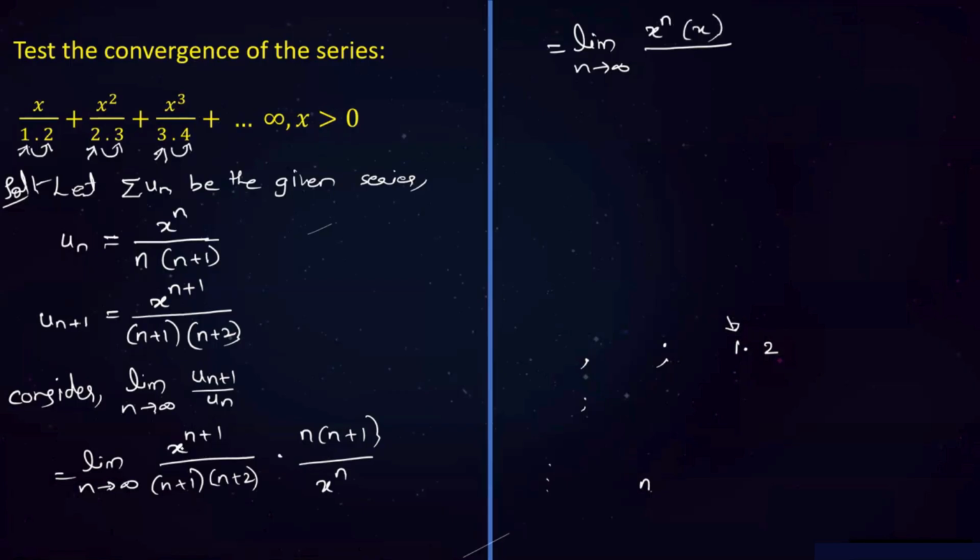Right? And in the denominator here, you have n plus 1 as well as n plus 2. From them, I'm trying to take n common. So from n plus 1, if you take n common, it is n times 1 plus 1 by n. Similarly, from n plus 2 also, if you take n common, it is 1 plus 2 by n.